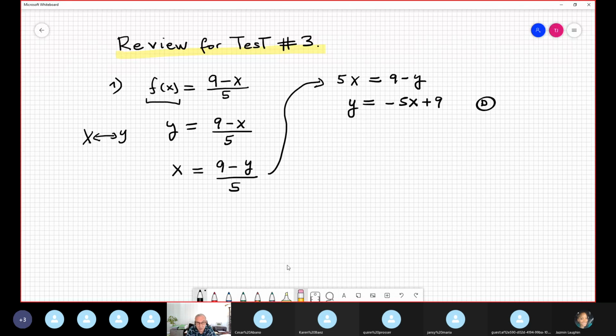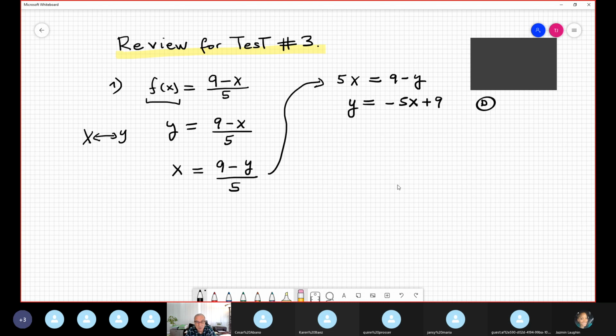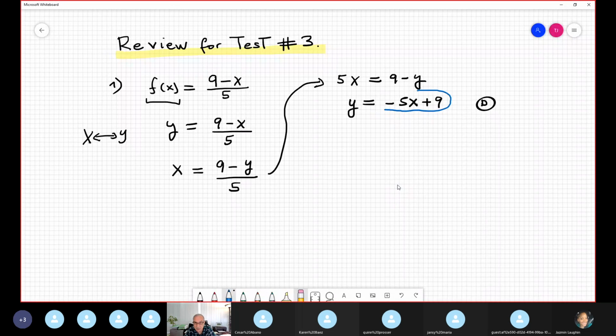Okay, let's do it quickly. The composition part. Okay, composition now. Composition is when you put the inverse function, so you replace this expression here.